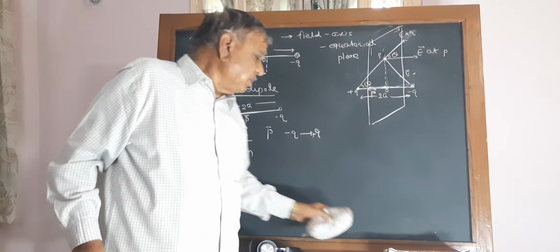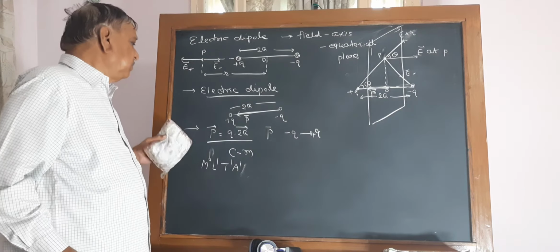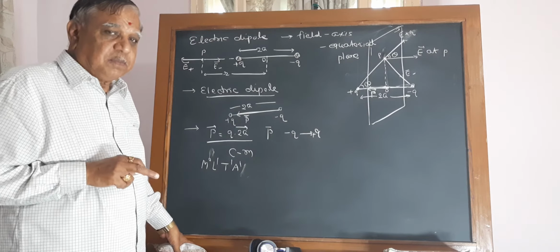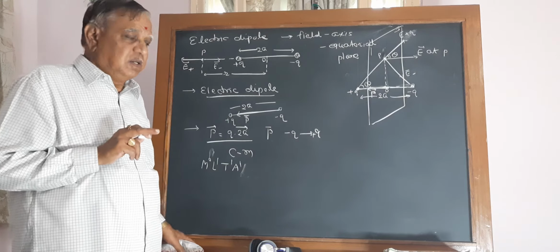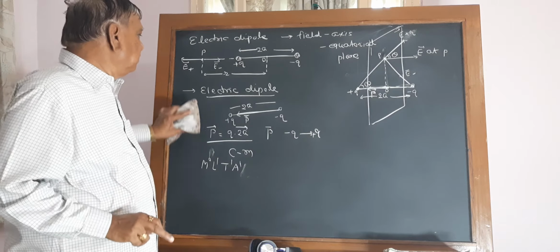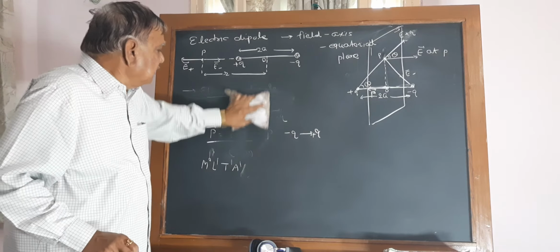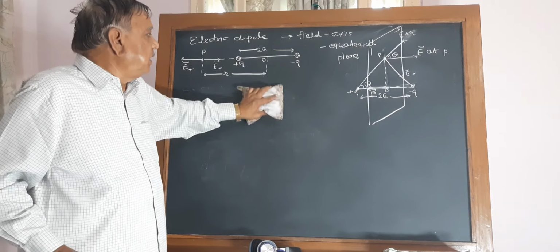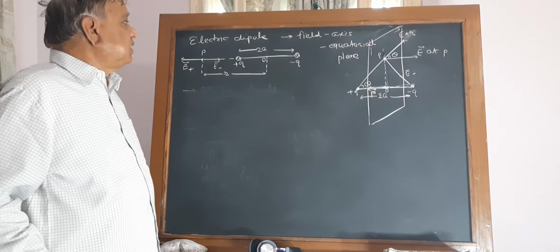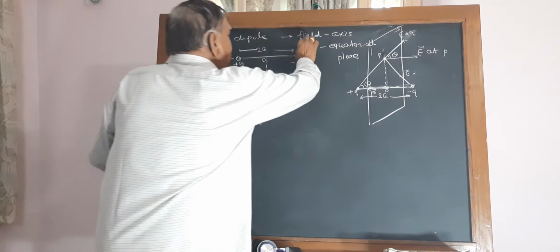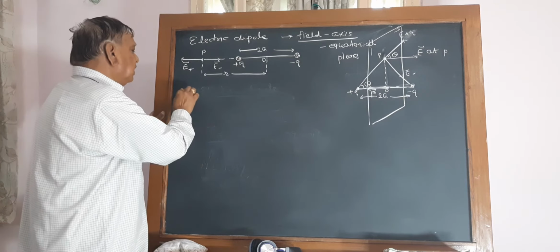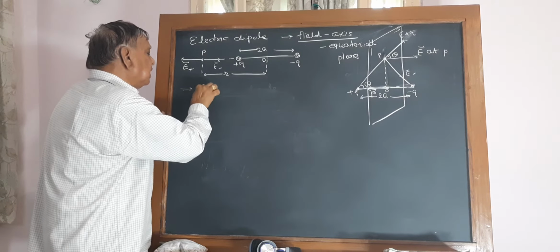Now due to the dipole, we have to discuss two cases for the electric field of the dipole. First is to determine the field on the axis of the dipole.